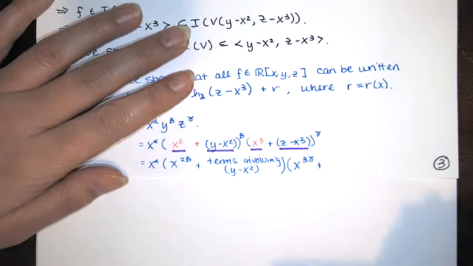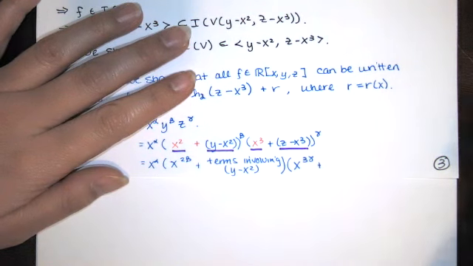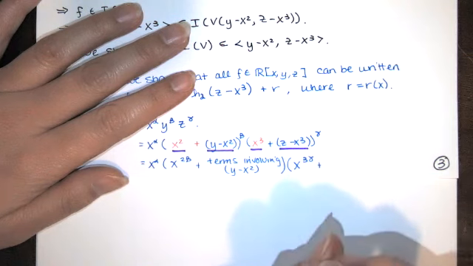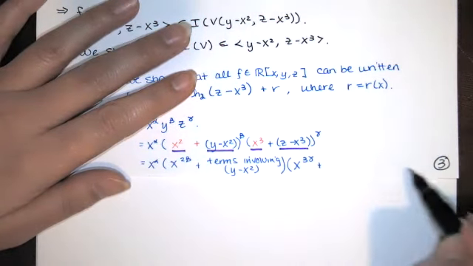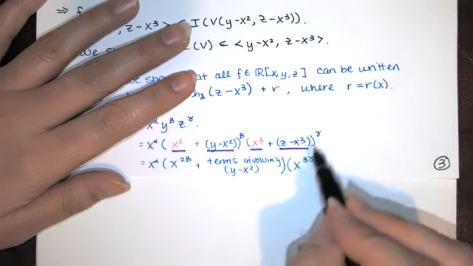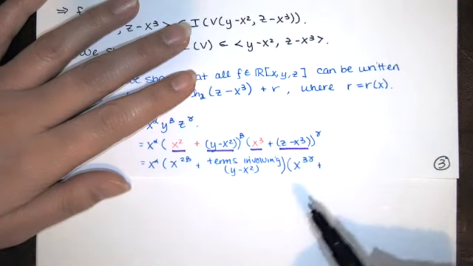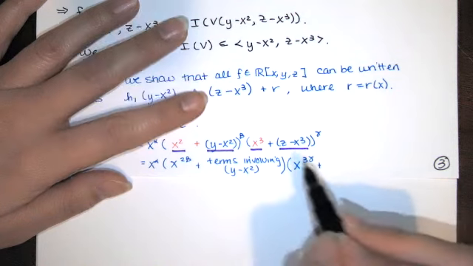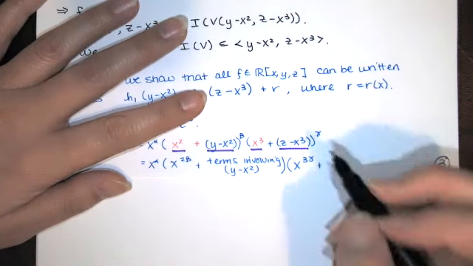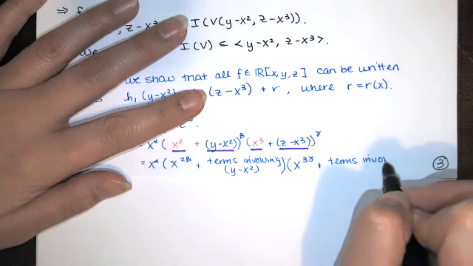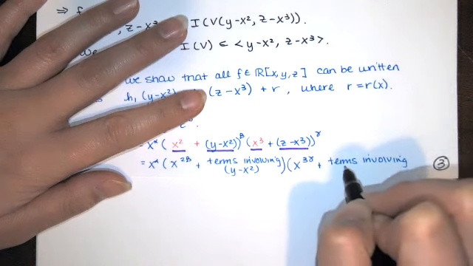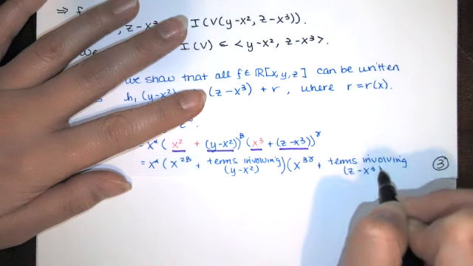And then the next term after that would be a constant times x cubed to the gamma minus 2 times z minus x cubed quantity squared. And so every other term except for that first term is going to have factors of z minus x cubed in it. So what we'll have here is x to the 3 gamma plus terms involving z minus x cubed.